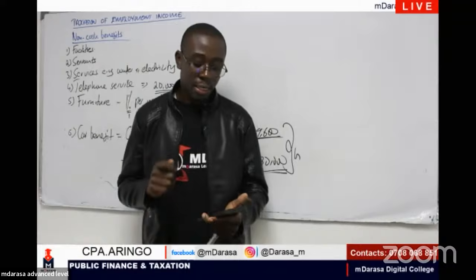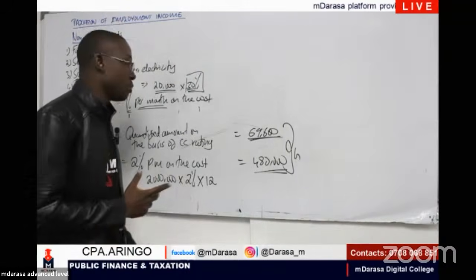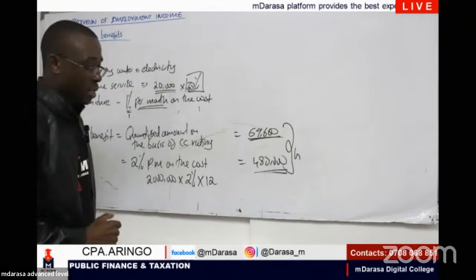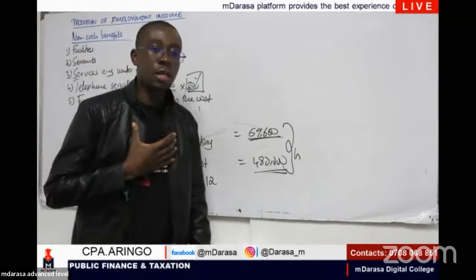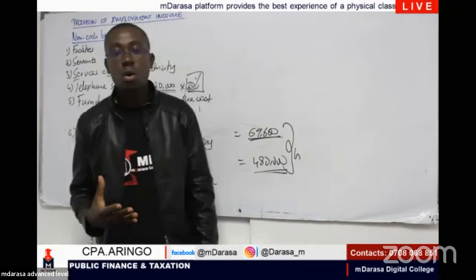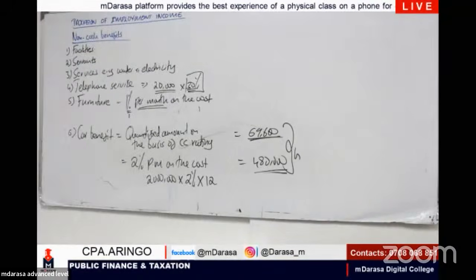Kindly make sure that that sinks in very well. In the event that this car is hired or leased, the benefit that you're going to enjoy will be the cost of hiring or the cost that you're going to spend in leasing that car. Very important to note.